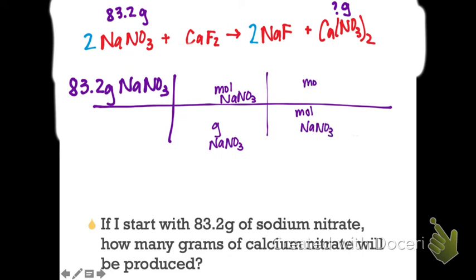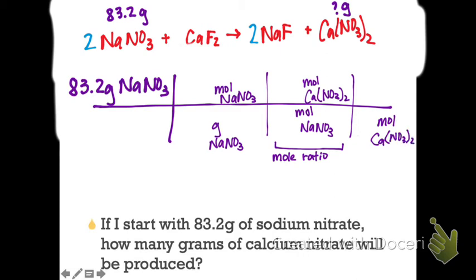And we said we wanted to switch now to Ca(NO3)2, right? Because what's this step called? Mole ratio step. And that's the only place where we can switch compounds. Then my final step would be to cancel moles of calcium nitrate and go to grams of that.